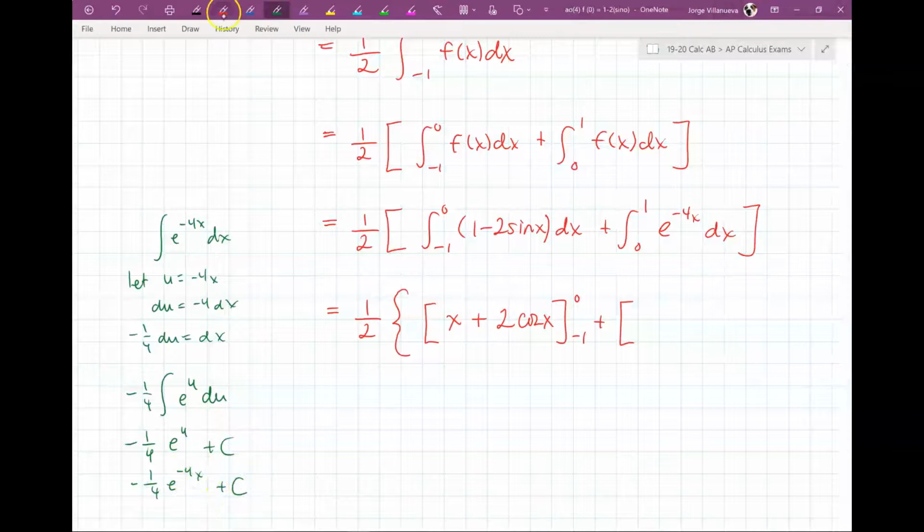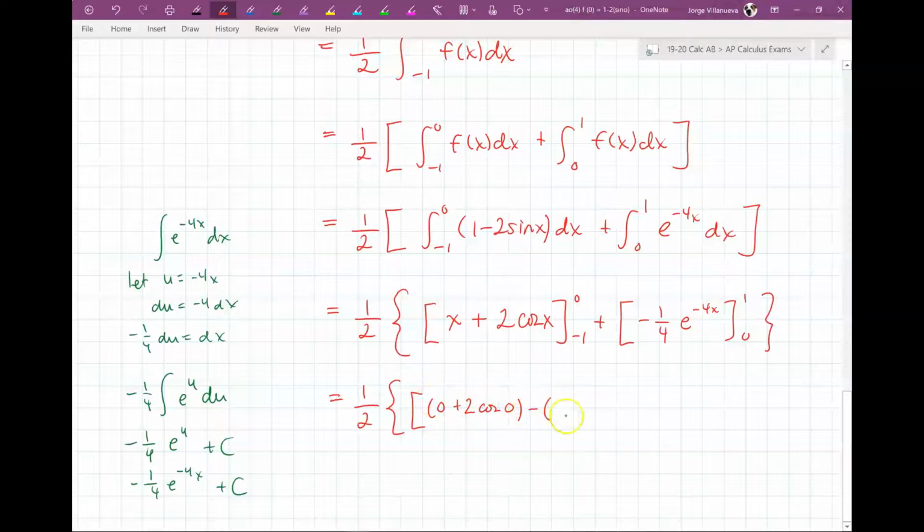So this is going to be -1/4 e to the -4x from 0 to 1. Let's continue. It says 1/2. All right, so I plug in a 0, I get 0 plus 2 cosine 0, minus, plug in -1, I get -1 plus 2 cosine of -1.